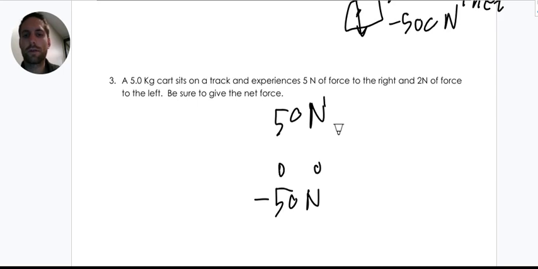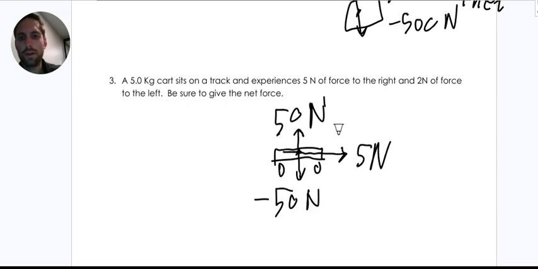So this little cart has a force going down, a force going up. It has this force to the right of 5 newtons and one to the left of 2 newtons. I'll put that negative sign there. We want the net force.